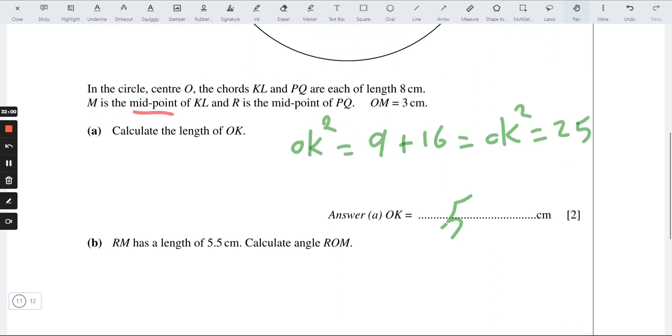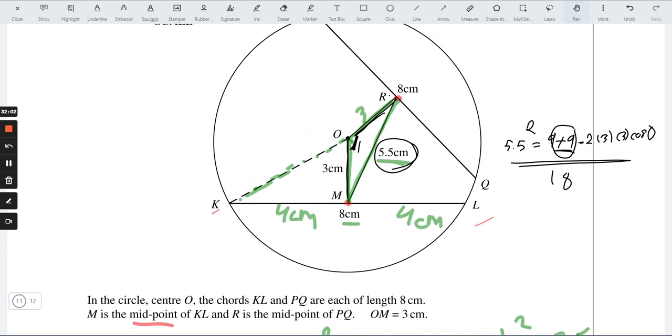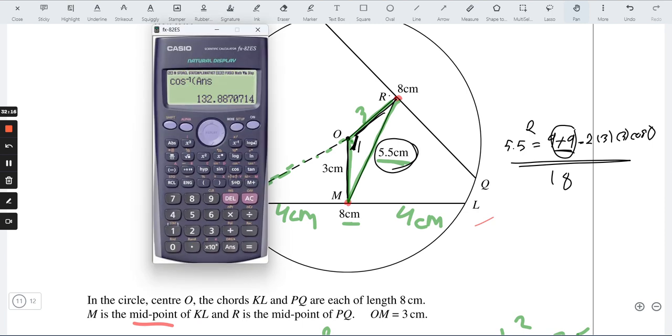Calculate the angle ROM, so 133 degrees. Yeah, but we got 132.8, and since this is in degrees, we have to round it to one decimal place. So yeah, 132.9.